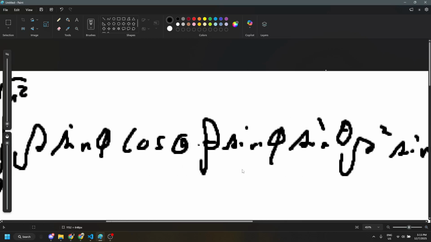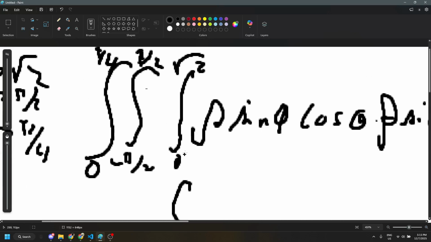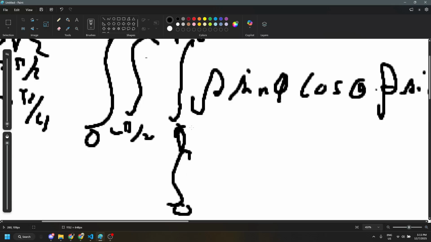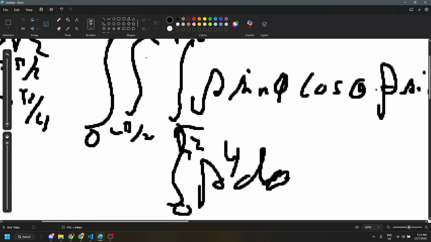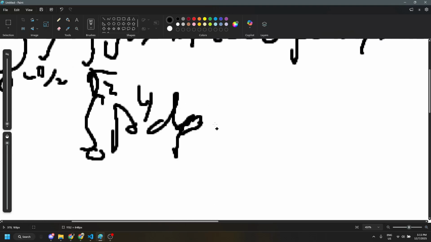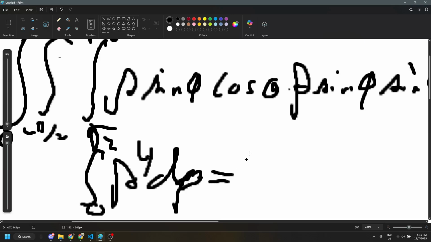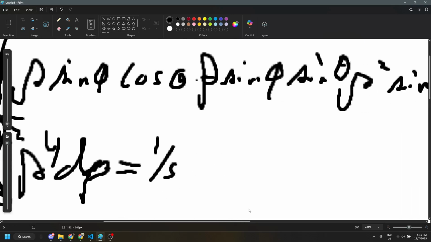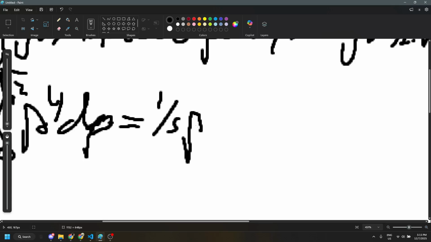Okay, first the rho. Combining all these, we have from 0 to root 2, rho to the 4, d rho, which then gives us 1 over 5 rho to the 5 from 0 to root 2.